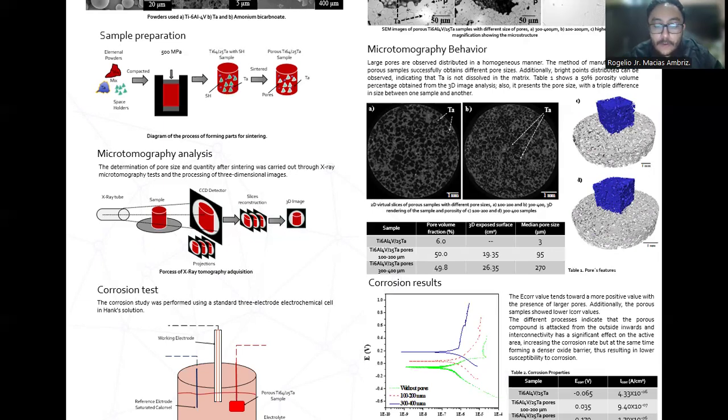The presence of large pores in both samples favors the passage of fluid, which is essential for good implant coupling in the human body. It has been shown that the optimal pore size is approximately between 150 and 250 micrometers.